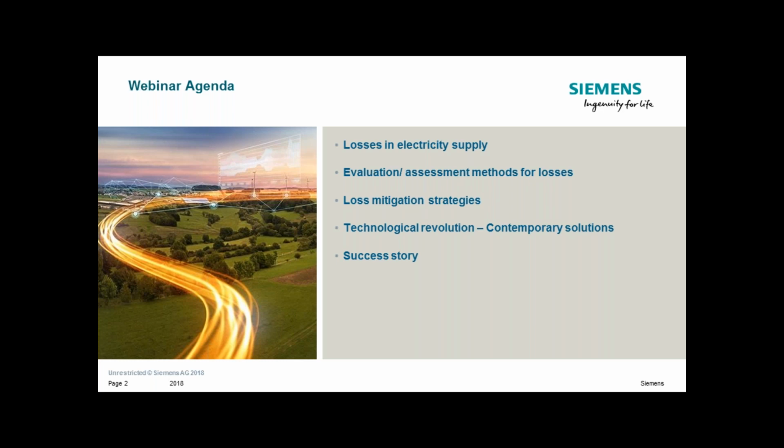Fourth, we will talk about the technologies, or best solutions available in the market to overcome such challenges. And then we will share the success story where we worked with some utilities in Europe to reduce, or optimize, the losses in the system.